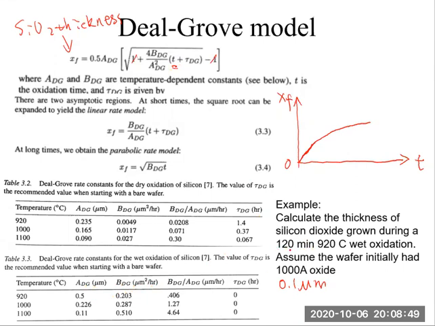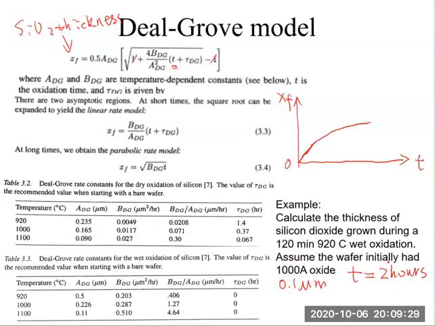So we should convert time from minutes to hours. T is 2 hours. Can we simply plug this 2 hours into this formula to calculate the thickness? No, we cannot.